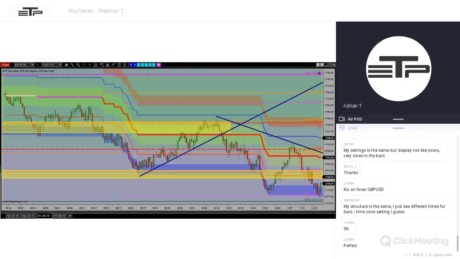Of course, any new indicators that come with the indicator suite, like the auto trend line and auto channel we're working on, will be extra. When that happens, we're going to do a webinar about it and discuss more. They're still not done yet.